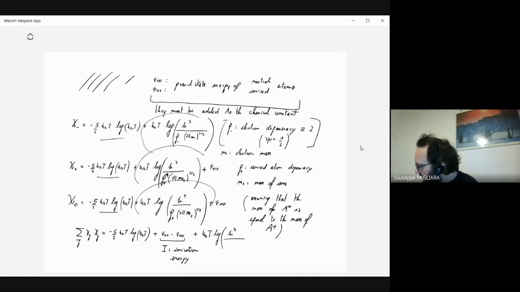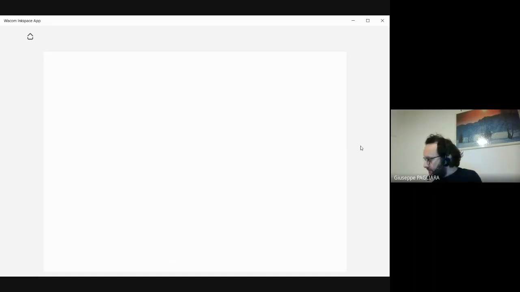And so here I have a factor of 2 pi m to the power of 3 half. And similarly, I will have a term. Okay, let me change page because otherwise I make a mess.